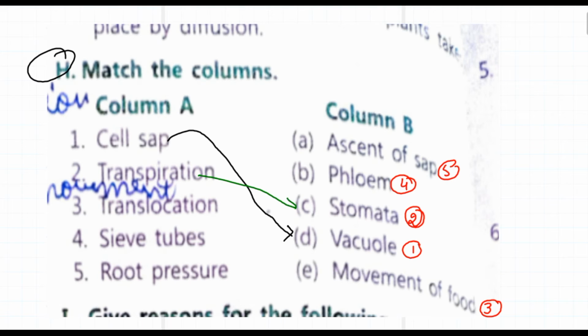Translocation, I have already told you, is the movement of food, right? Sieve tubes are related to the phloem. And root pressure is related to ascent of sap, right?